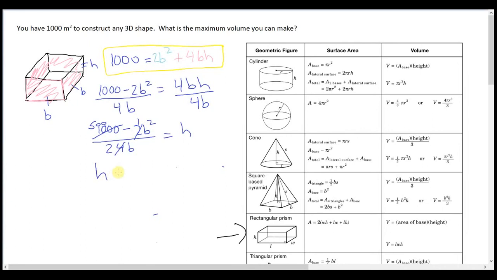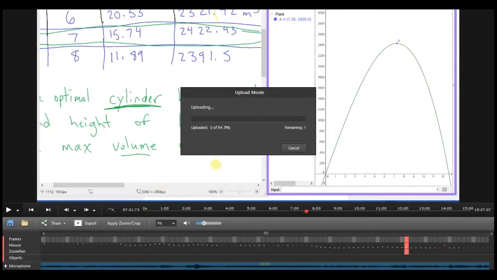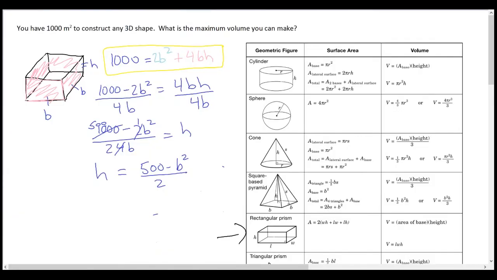So we can simplify this a little bit more. h is equal to 500 minus, that's looking very messy and not quite correct. Okay, we had 2 and we divided by 2, we were left with 1, and we still have the b squared, all over 2b. Okay, so now we know what h is in terms of b.